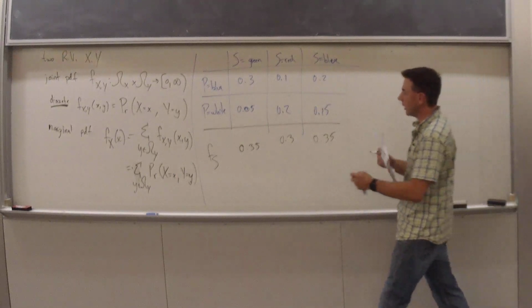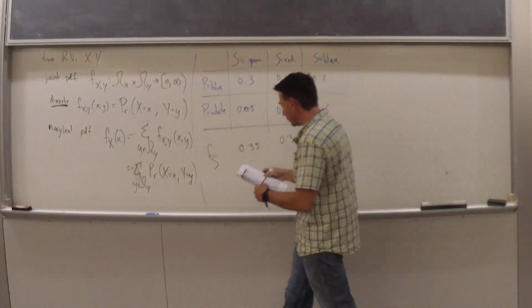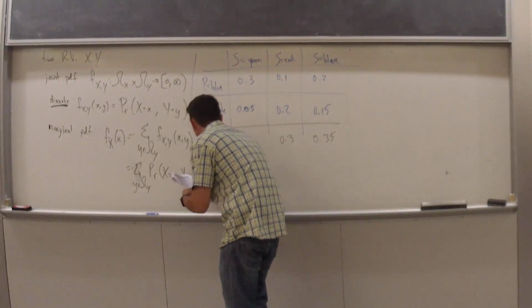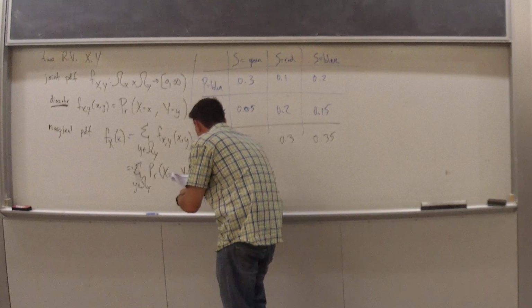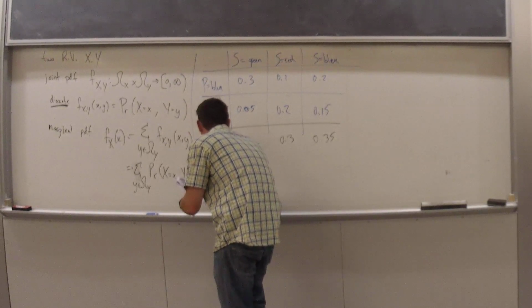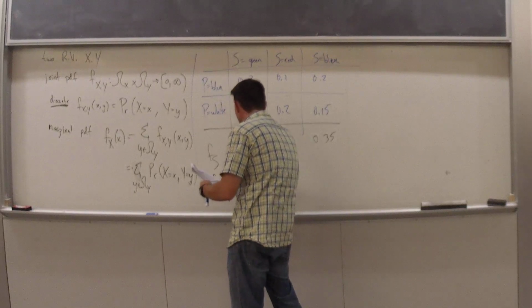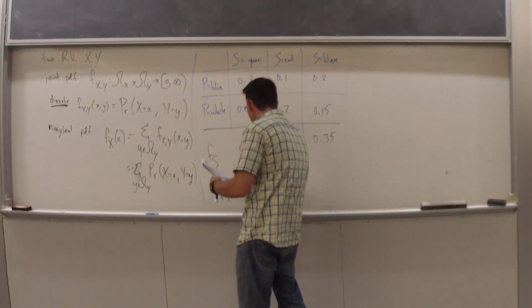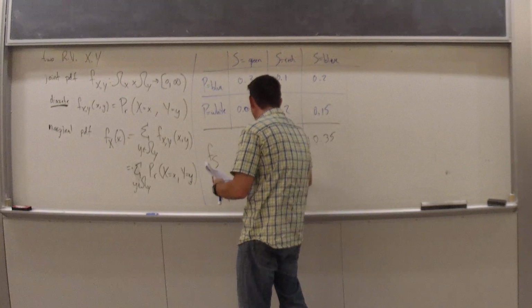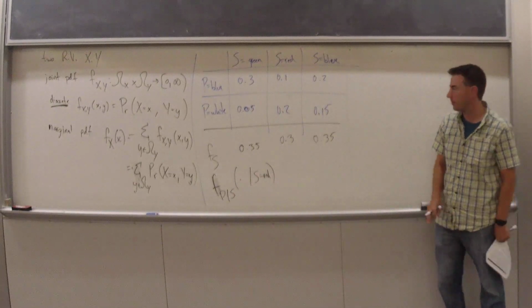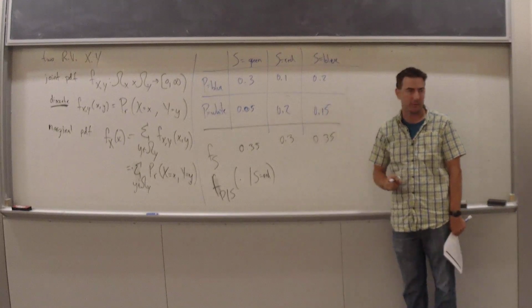I can also write down the conditional probability, the distribution of P given S. So let's say given that the shirt is equal to red, what's the probability distribution over the pants?